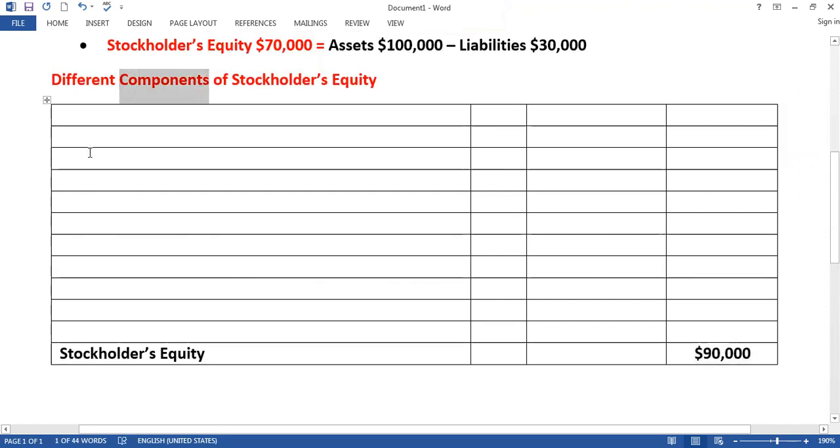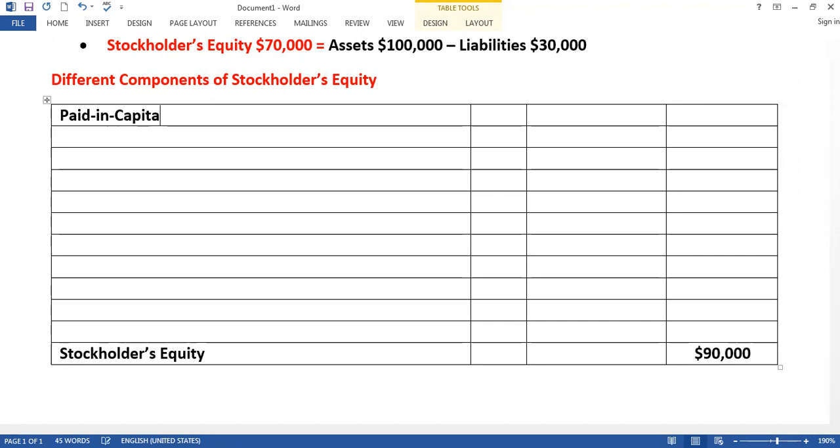So which one is the first component? Let's see. The first component is called paid in capital. Paid in capital is the first component.